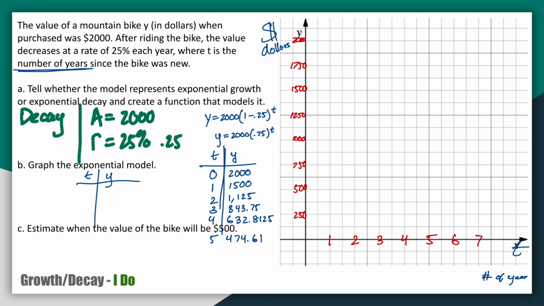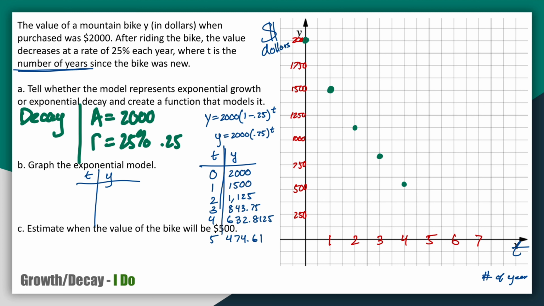So our first point is 0, 2,000. We're doing this in green. That's right up here. Okay. Then we have 1, 1,500. Then we have 2 and 1,125. It's about here. Okay. Then we have 3 and 843. We're just going to have to estimate about there. 4, 632.